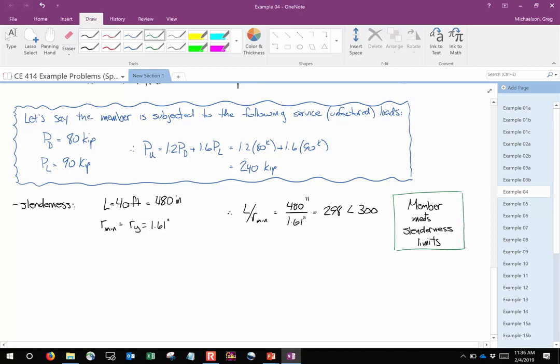Yeah, it just barely works, right? What do you think? If it were 98 or 200, we'd be wasting material, so we want to try bracing?